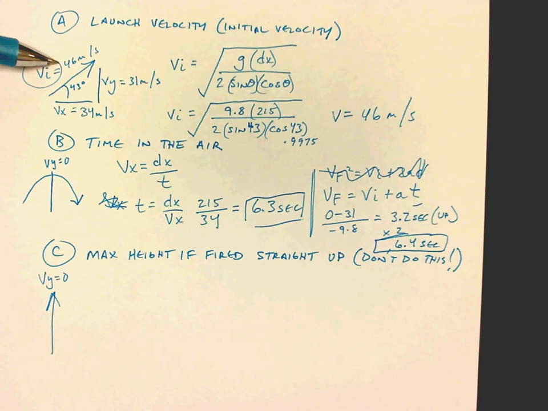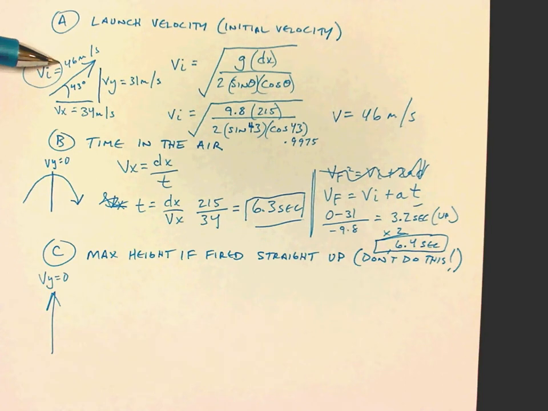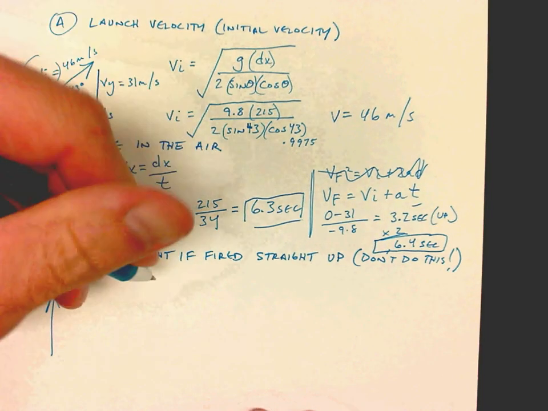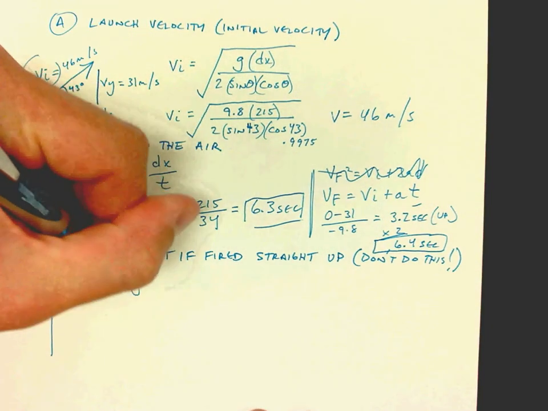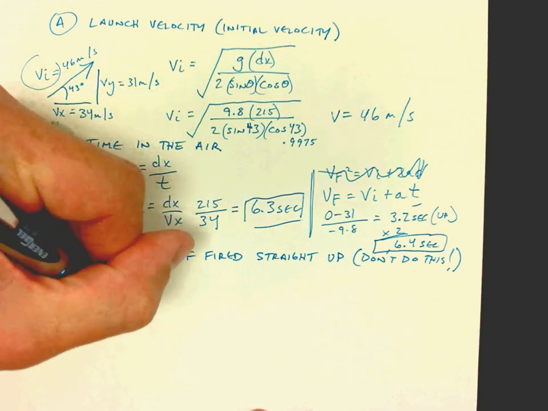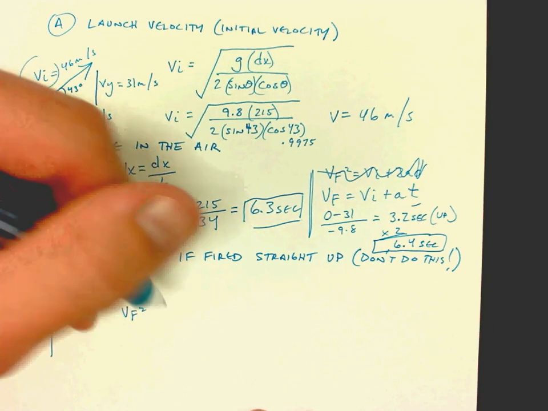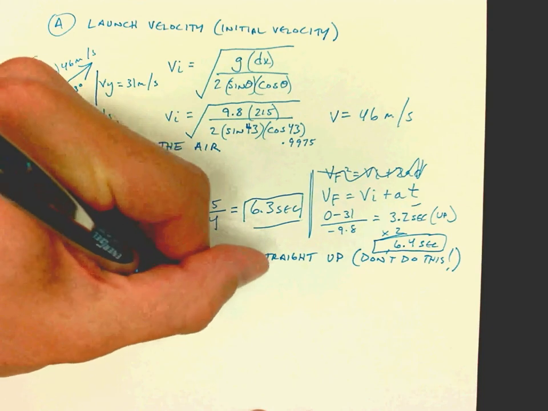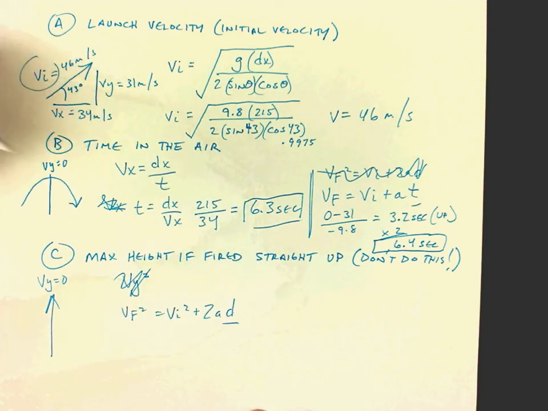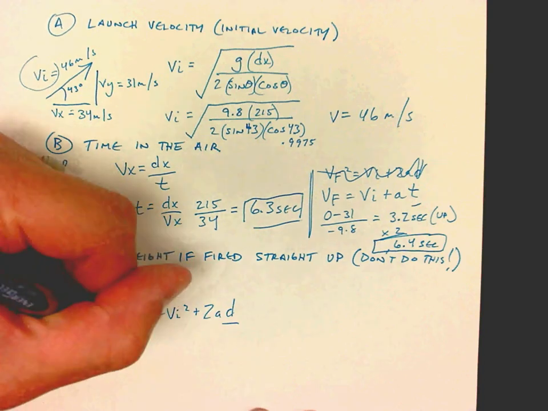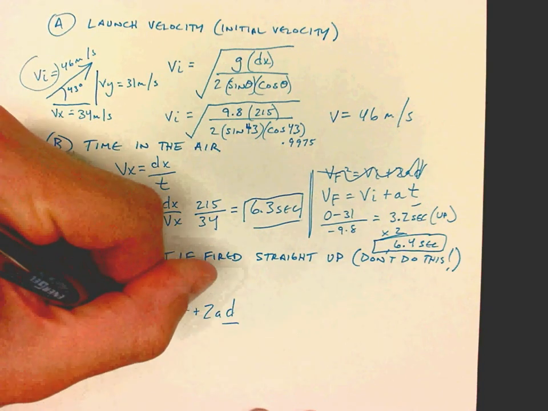And this one wants maximum height, so here's where we're going to want to choose an equation that has, I guess I should put Vf squared instead of Vy squared. One that has d in it, that's what we want to solve for, and then we know everything else here. So I'm going to go Vf squared minus Vi squared over 2a equals d.